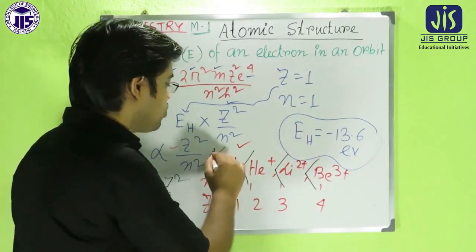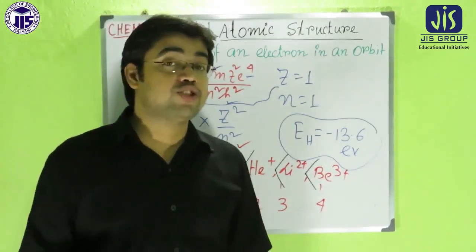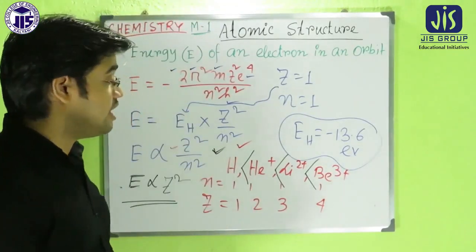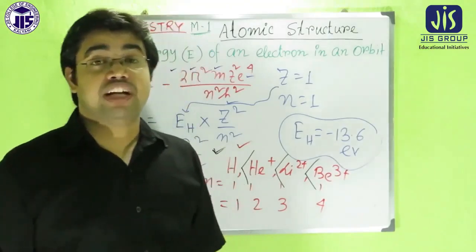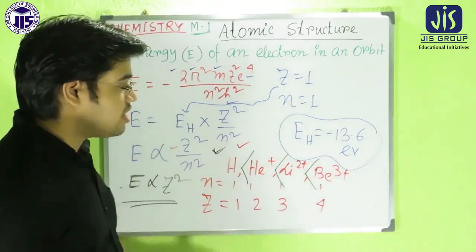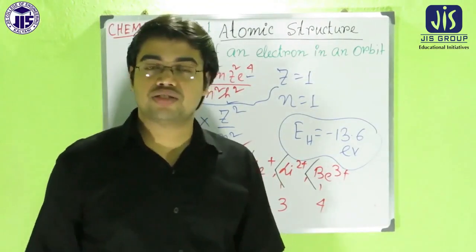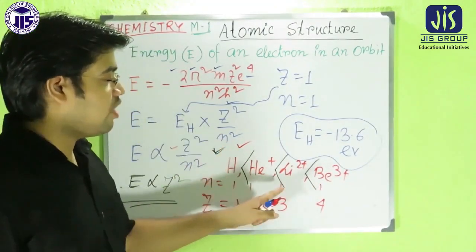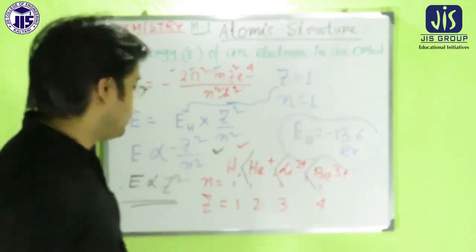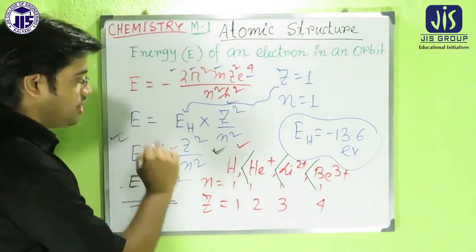That is a very important question you have to keep in mind, like in the case of radius also. The question may be asked in that way, and you have to compare the order of the radius. Here also the question may be asked that you have to determine the order of the energy. So for that purpose you have to keep that equation in mind.